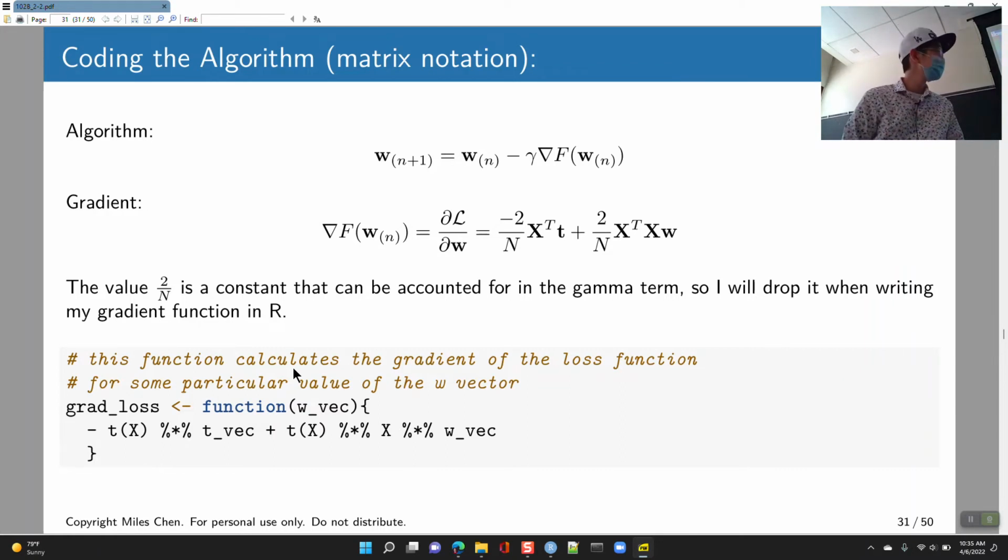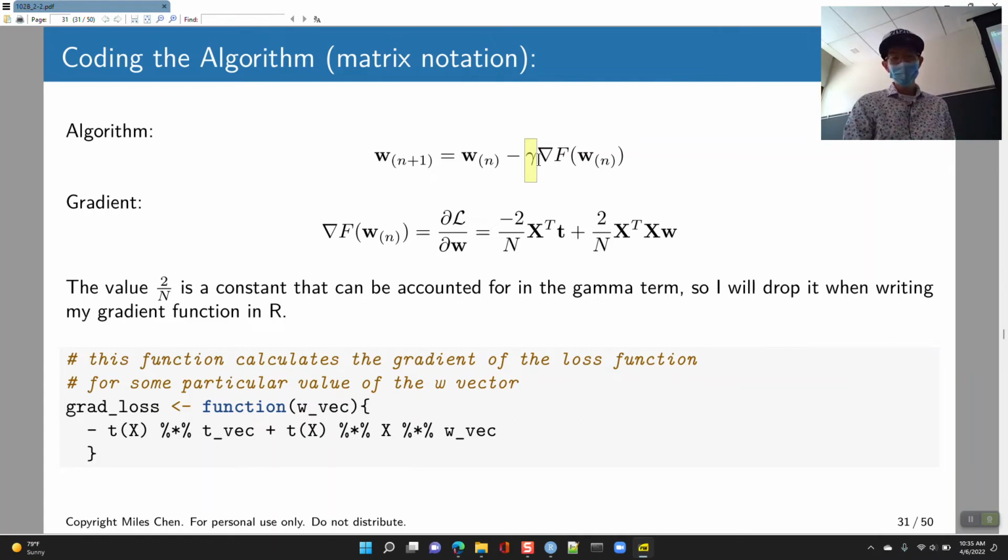What we're going to do is code the gradient descent algorithm, and we'll do it in matrix notation. The gradient of the loss function is negative 2 over n, x transpose t, plus 2 over n, x transpose x w. The term 2 over n is just a constant, and gamma here is also an arbitrary constant.